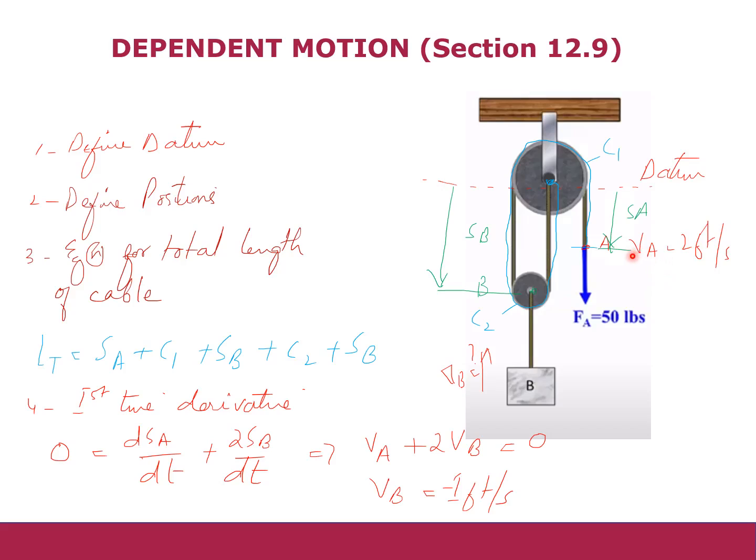So that is how we can calculate the velocity of the bodies which are connected to each other. Similarly, we can also calculate the acceleration by the second time derivative. This is the second time derivative.